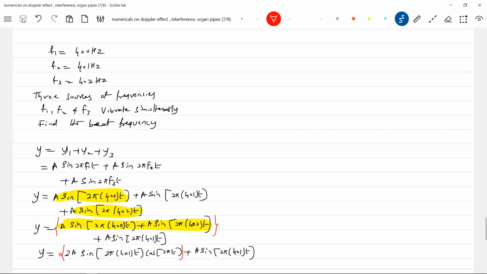Sin C plus sin D formula. If you say yes, then I'll proceed. Okay, fine. What to do here now? Because we wanted an expression for the beats phenomenon, let me take sine 2 pi 401 t common.